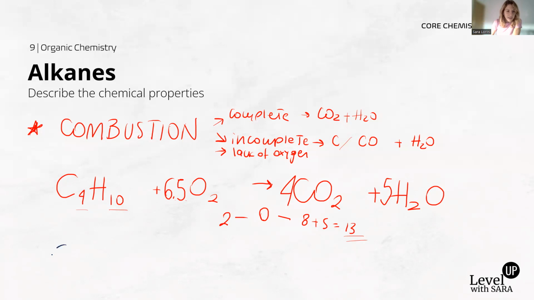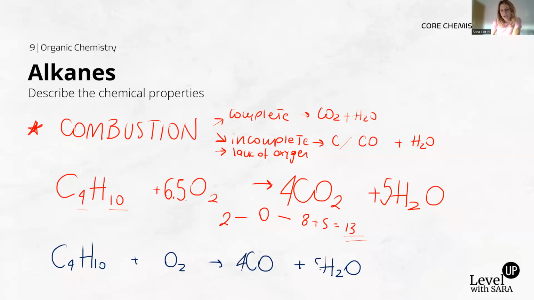Let's compare it with the balancing of an incomplete combustion. Let's say now the product is only carbon monoxide and water. Same way. First carbon, we have 4. Then hydrogen, we have 5.